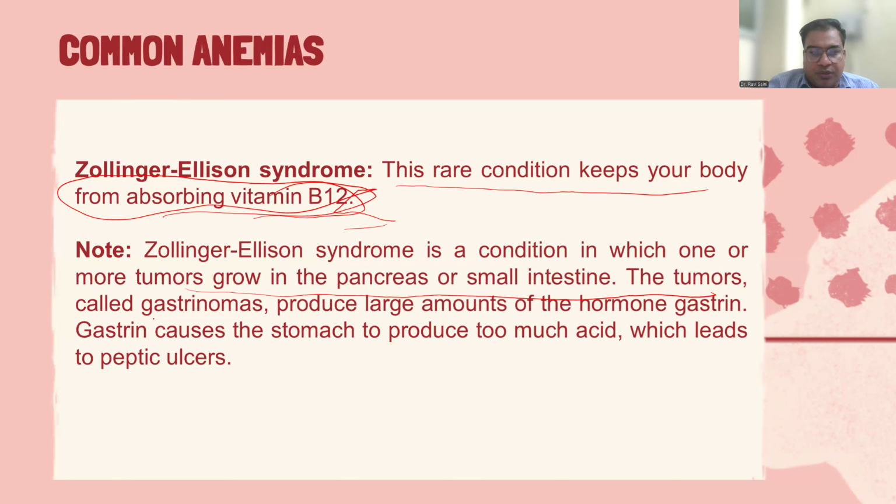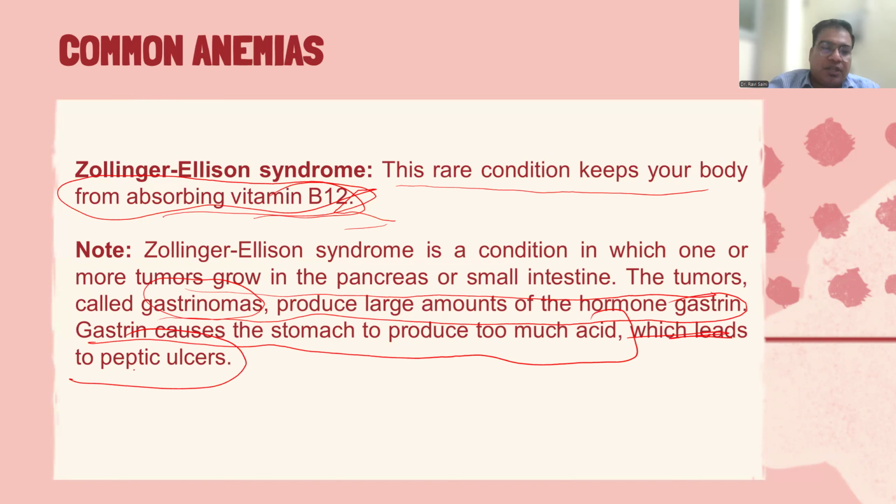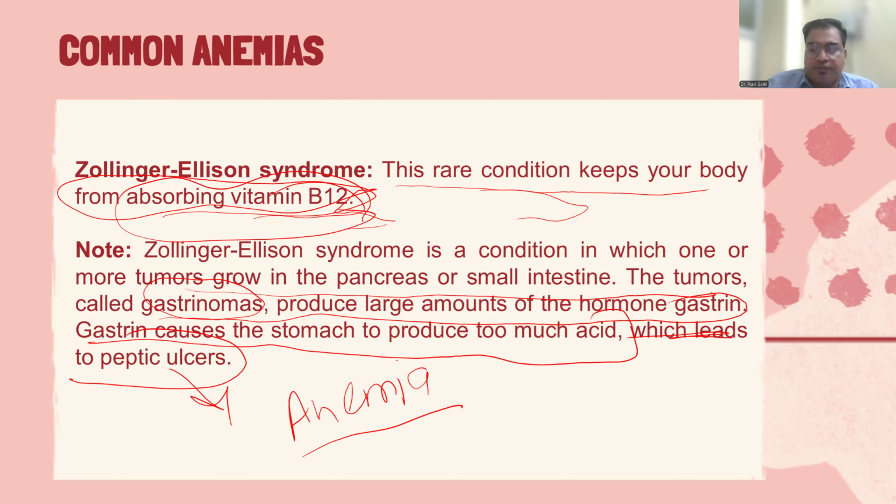These tumors are called gastrinomas, which produce a large amount of a hormone called gastrin. This gastrin causes the stomach to produce too much acid, which leads to peptic ulcer, and finally that will lead to anemia. So this syndrome prevents absorption of vitamin B12.